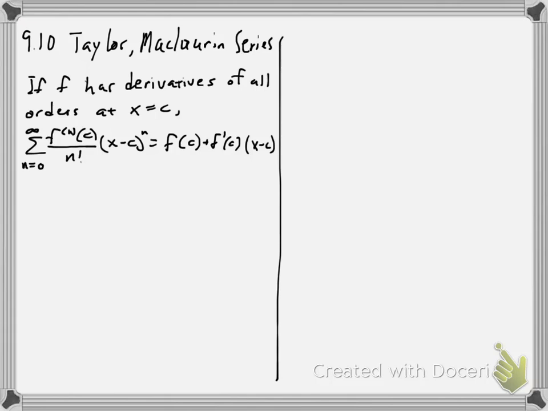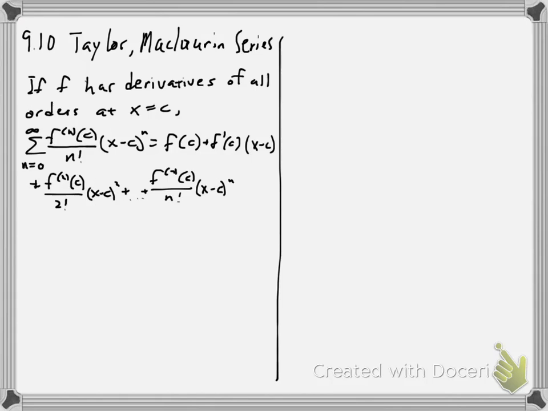And then if n is 2, we have the second derivative evaluated at c divided by 2 factorial times x minus c squared, plus dot dot dot, plus the nth derivative evaluated at c over n factorial times x minus c to the n power.